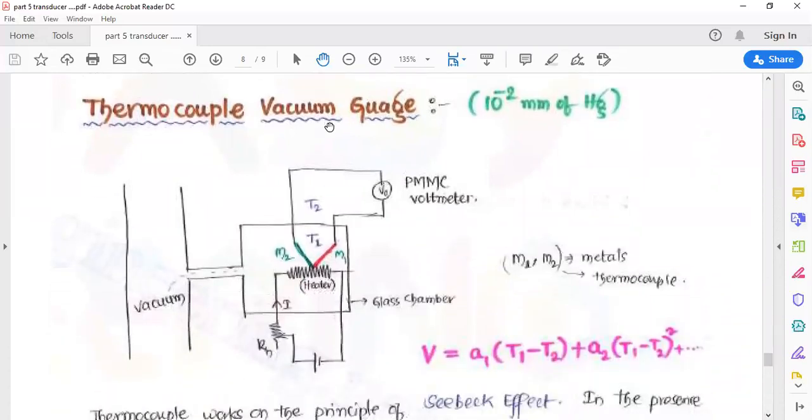Now thermocouple vacuum gauge. Arrangement is same as was in previous cases, and it is thermocouple vacuum gauge. Here we use two different metal couples.